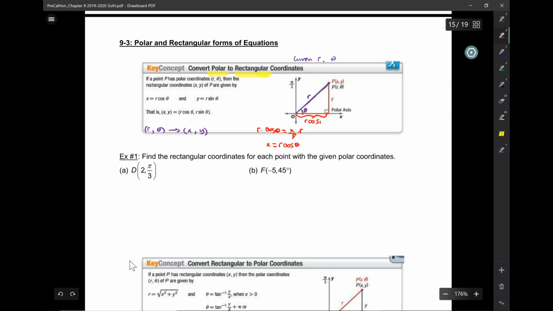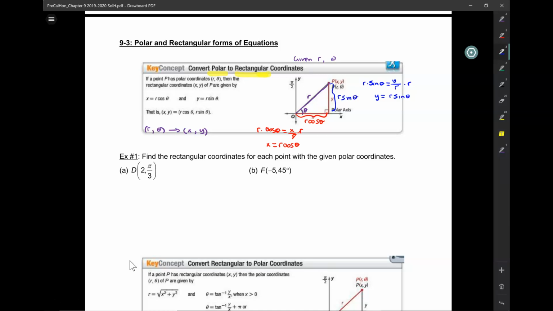And what about y? Y is this, right? So if I say sine of theta is equal to y over r, then multiplying both sides by r, I can say that y is equal to r sine of theta.